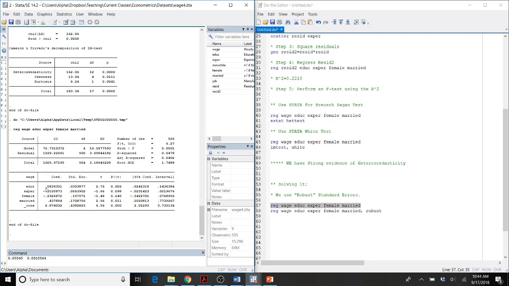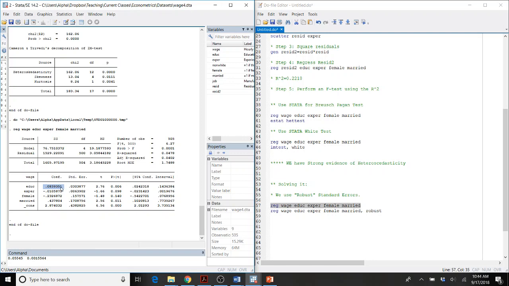So if in this situation we are assuming that we don't have omitted variable bias, and let's just assume that for right now, then we would say that this coefficient is an unbiased estimate of the effect of education on wages. Okay? Even though we have heteroscedasticity, it does not make this number biased.